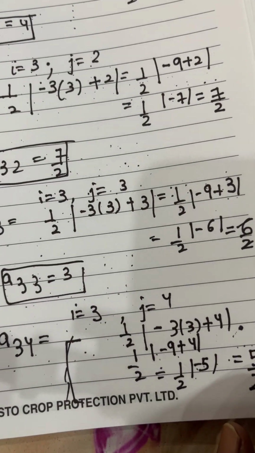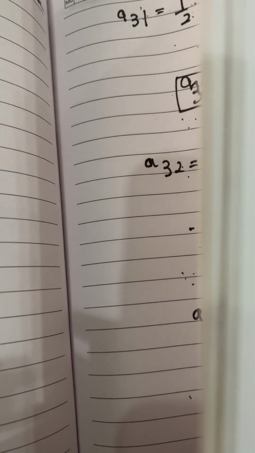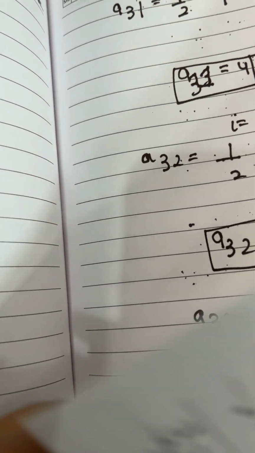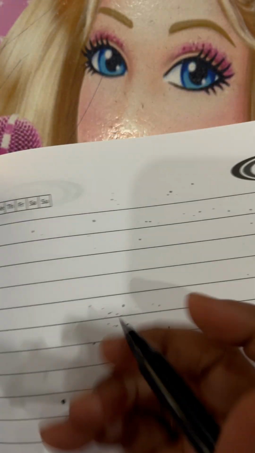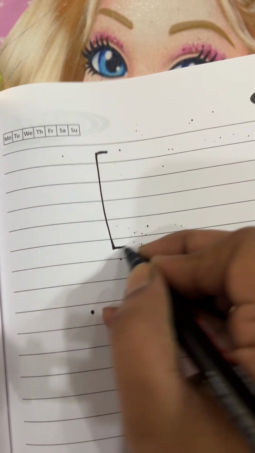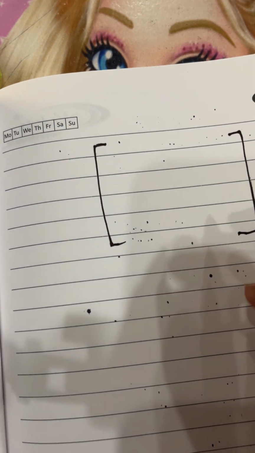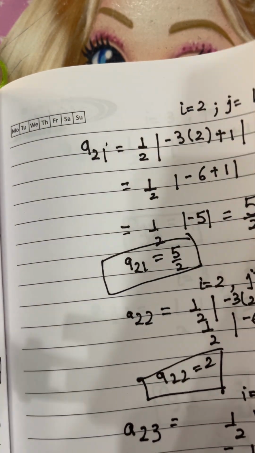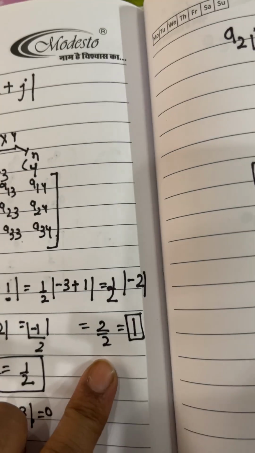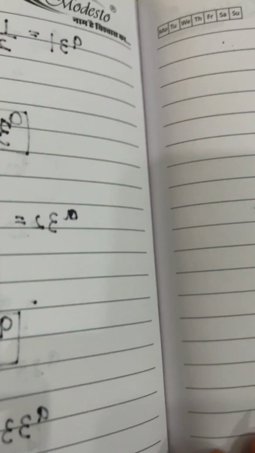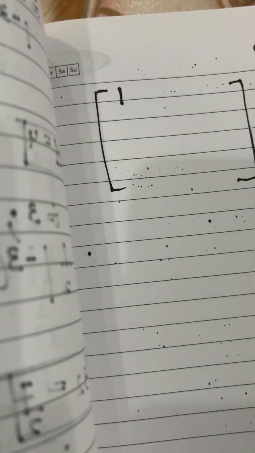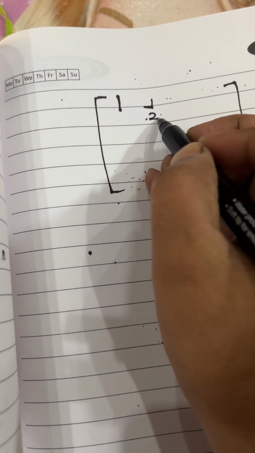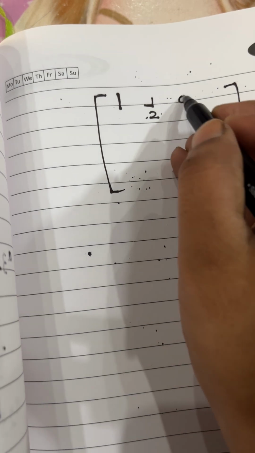Let us assemble all the entries. So our required matrix will be: A11 is 1, and A12 is 1 by 2, A13 is 0, and A14 is 1 by 2.